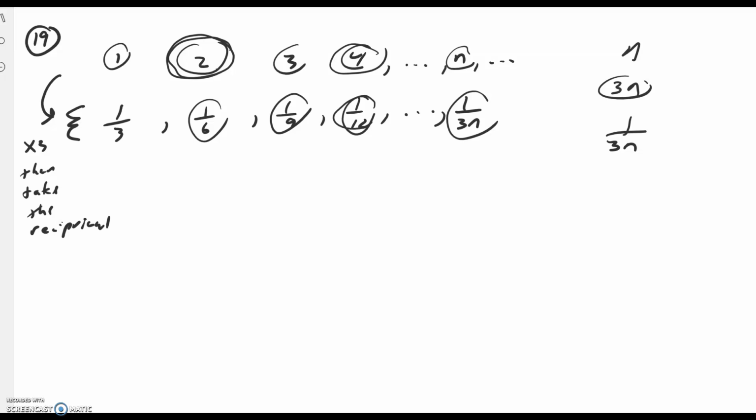What about the other direction? What can you do here? Well, you could try taking the reciprocal and then dividing by 3 to kind of undo these. So in this direction, you take the reciprocal and then divide by 3.